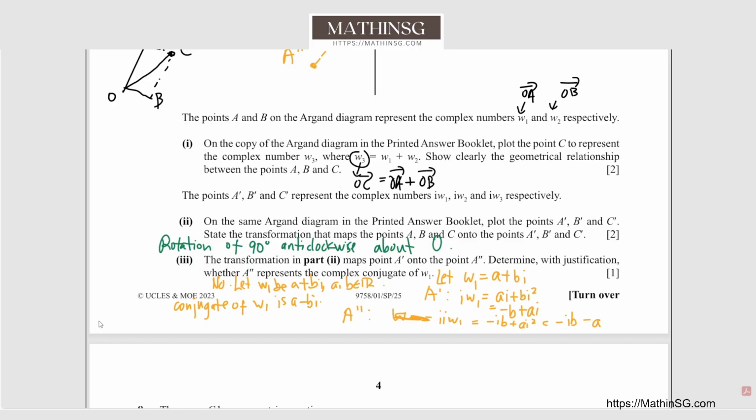Okay, but the complex number represented by A double prime is minus a minus bi. So therefore, they are not the same. So A double prime does not represent the conjugate of W1. All right.